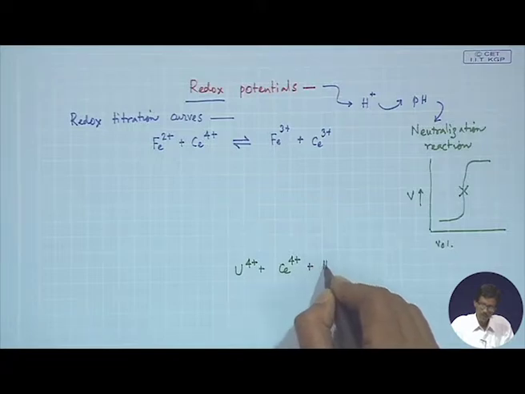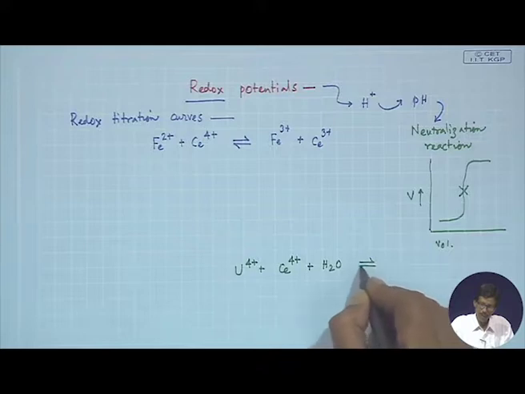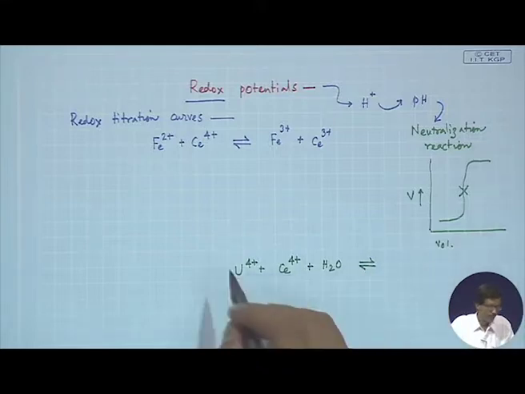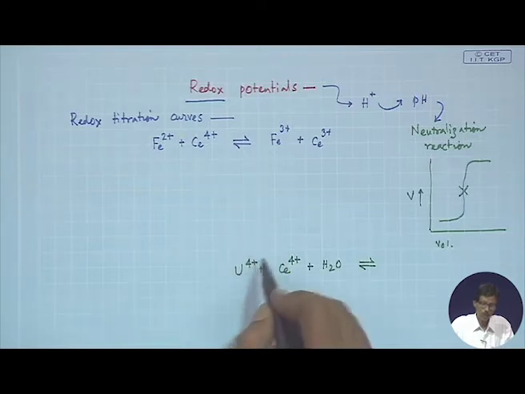So, this is in presence of water basically, because this gives a very useful reaction, because uranium, we all know, when you oxidize it, can go to uranium 5 plus or uranium 6 plus.